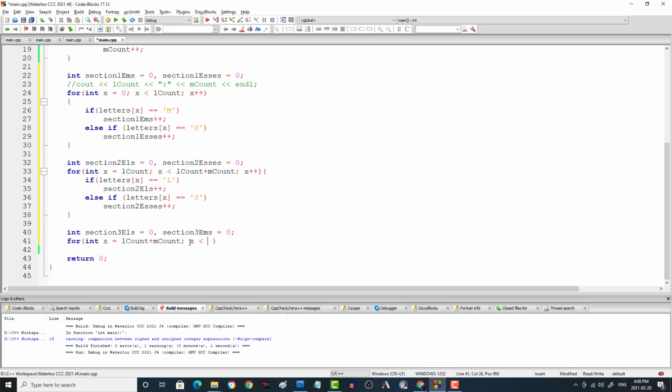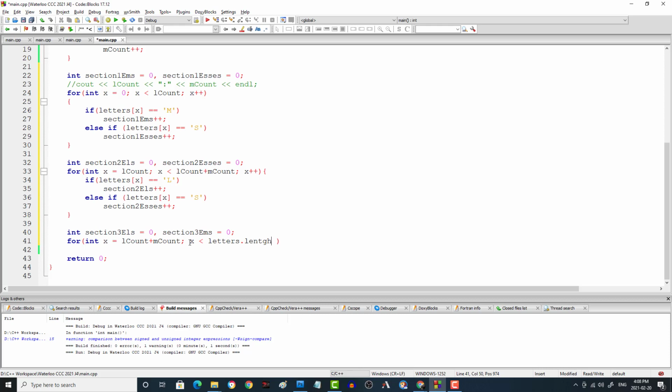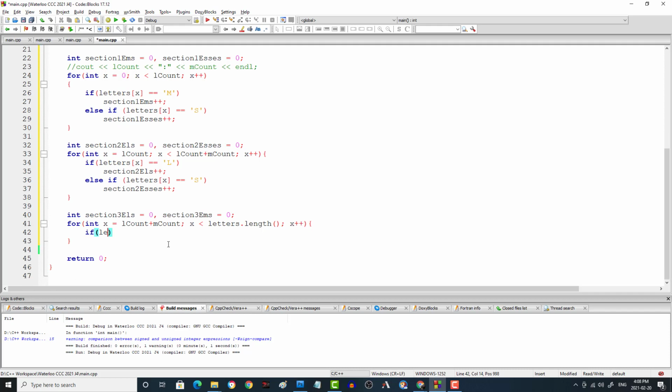Now, x is less than the letters dot length and x plus plus. Okay, and basically we're going to say the same thing as before.